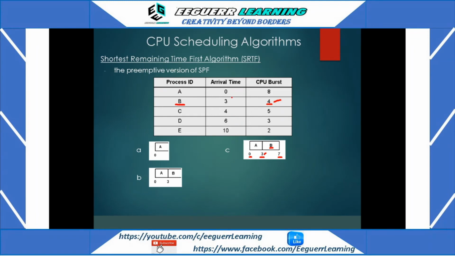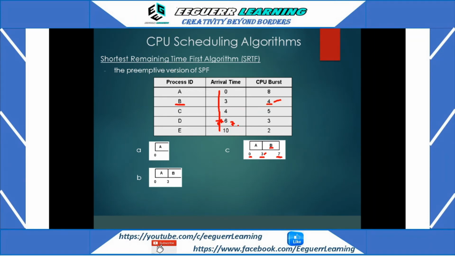The running or ongoing time of the CPU process is now here at 7 ms, because we now have a CPU time of 7.